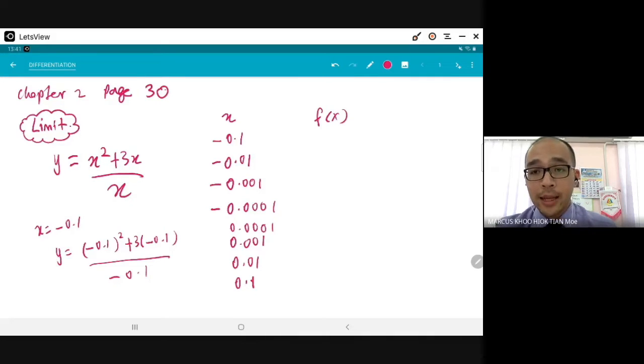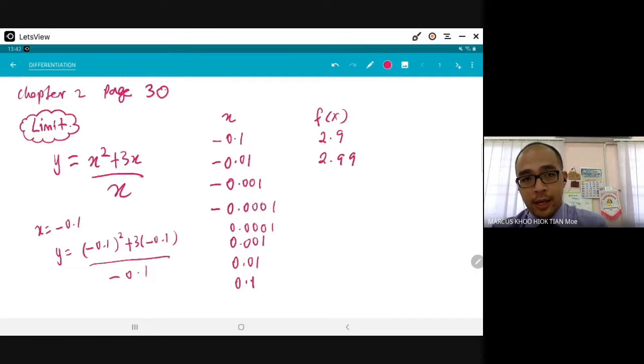Ini perkara biasa lah, kita pernah lakukan. We just ganti masuk and then kita cari nilai y. Okay, so you will find that you will get this very strange number. When x is negative 0.1, fx or y equals 2.9. When it's 0.01, it will be 2.99. And then when 0.001, it will be 2.999.